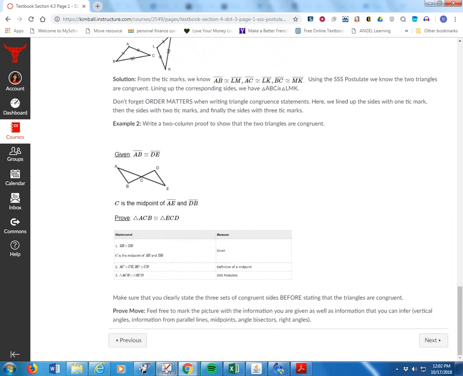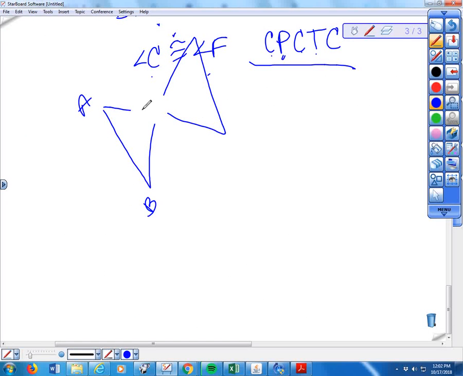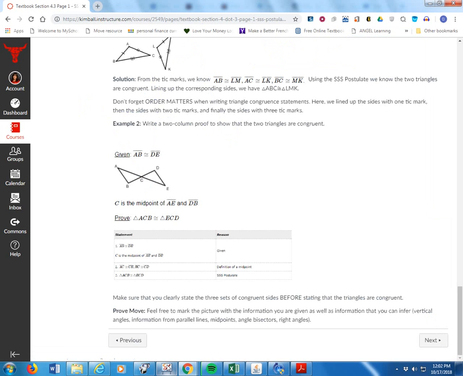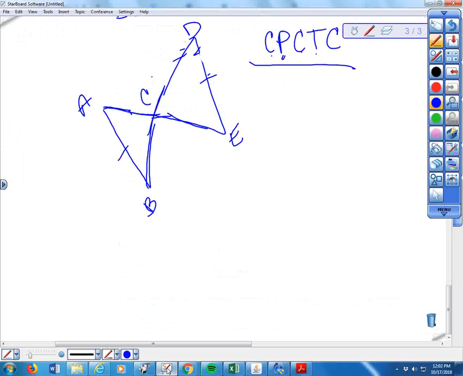A, B, C, D, E. Making a mess. And they say that this is congruent to this. And what we want to prove is that the two triangles are congruent. And we're also told that C is the midpoint of AE and DB. So AB is congruent to DE, and C is the midpoint.